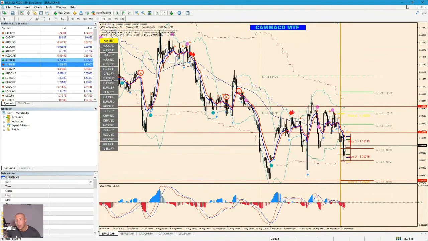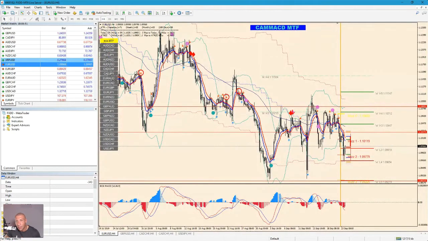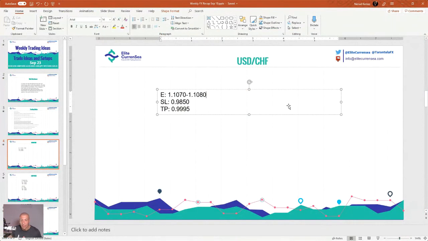My idea is to sell it first around 1.0970 to 1.0980. If the price makes a pullback, this would be the first potential position, with a stop loss at 1.1115.